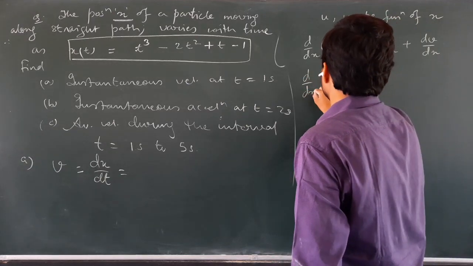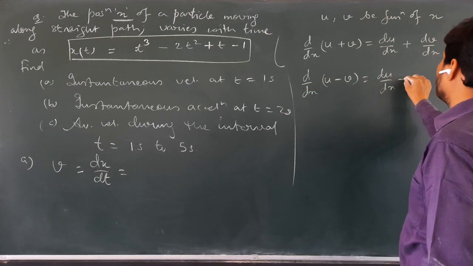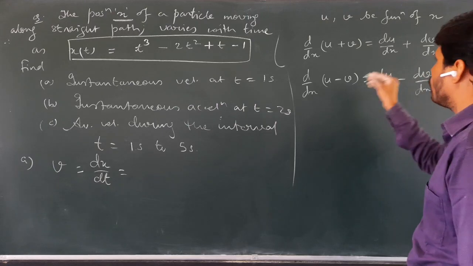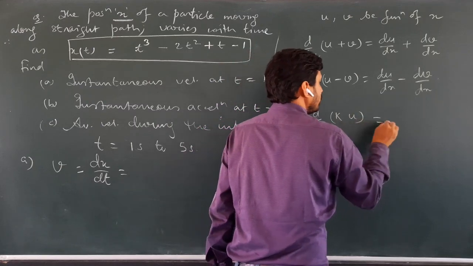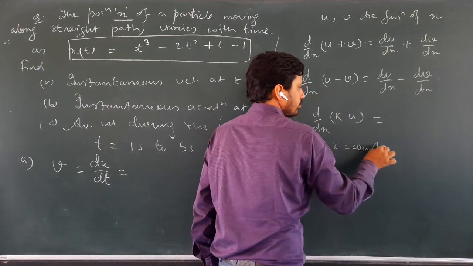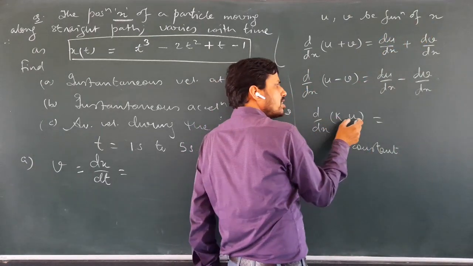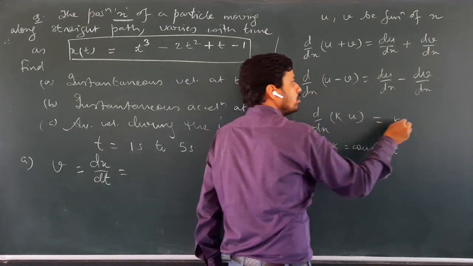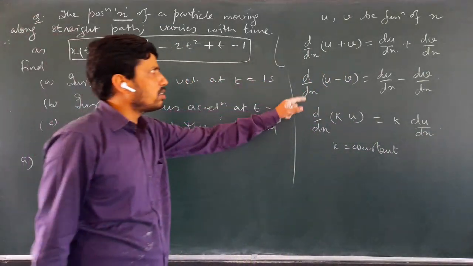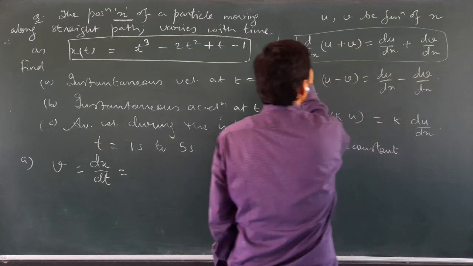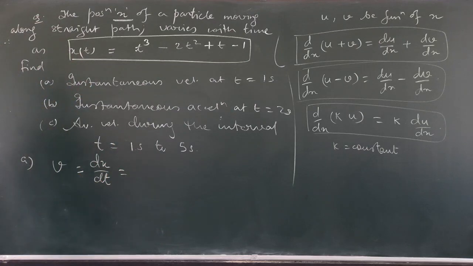Likewise, derivative of u minus v will be du by dx minus dv by dx. One more thing I would like to write. Derivative of some constant, say k, times u, k is a constant and u is a function of x. So derivative of constant into a function is equal to constant into derivative of that function. For today this is sufficient, so you should remember these relations. We will use them here.